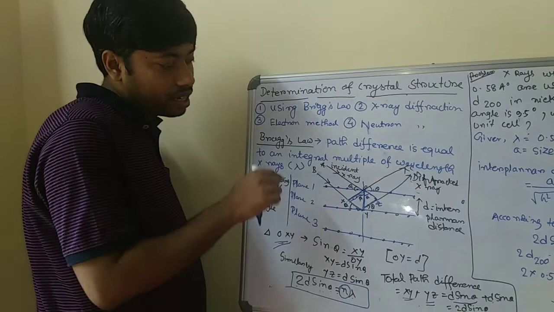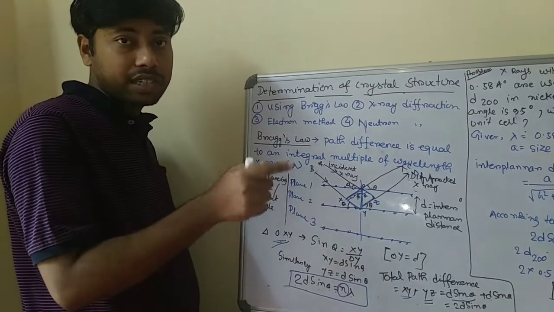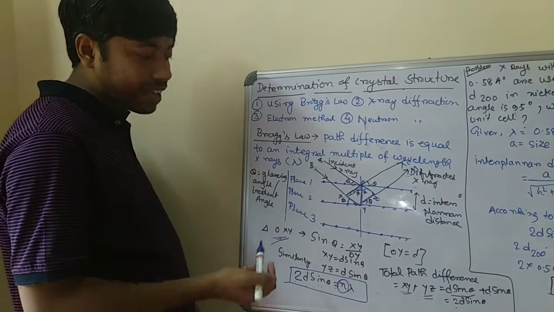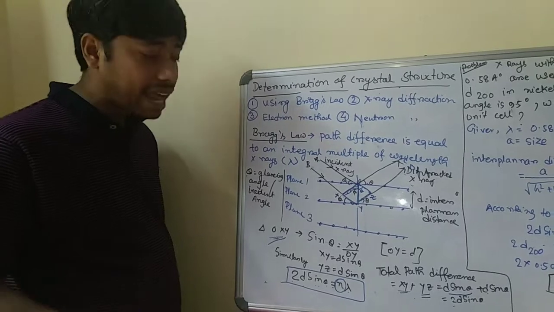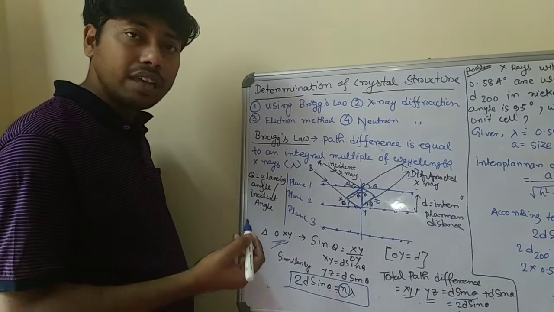If it is incident on plane 1, n is equal to 1; on plane 2, n is equal to 2; similarly, n is equal to 3, 4, and so on.